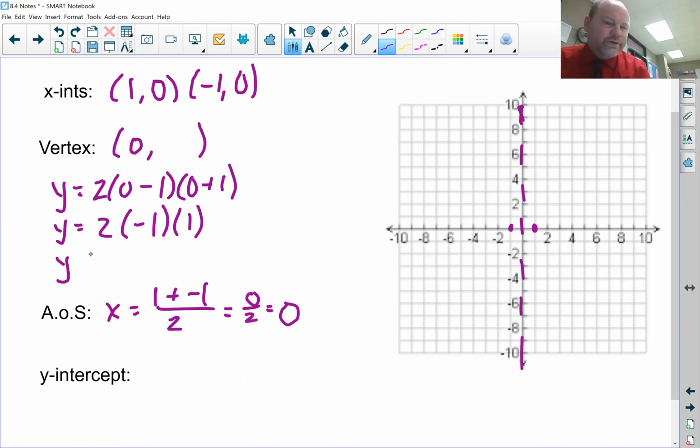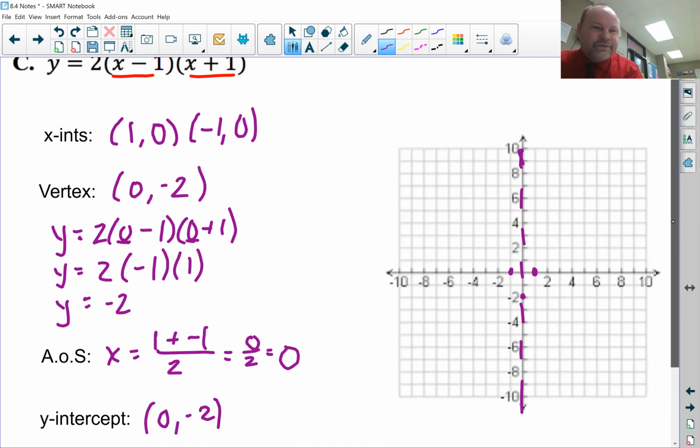Negative 2 times 1 is still negative 2. So my y-coordinate is 0, negative 2. And because my vertex is at 0 and then my y value, that is also my y-intercept. As you can see, I already plugged 0 in for my x-coordinates. So there's really no work to do there.